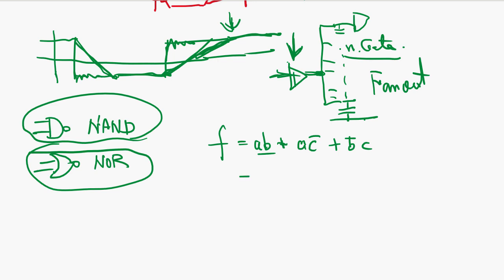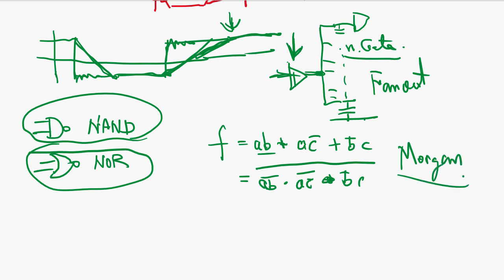This can be converted to NAND again: AB, AC bar, B bar C, right? This is De Morgan's theorem. The same way you can convert this to NOR only. So just designing a single gate, either NAND or NOR, basically you can create any kind of logic element in the design.